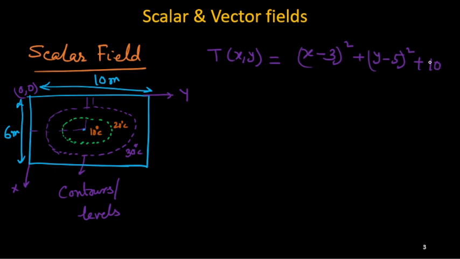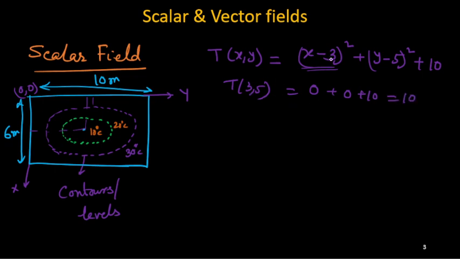If this is the function, then you can see that at 3, 5, at this point which is shown here, this will be 0 and this value is 0. If I replace x by 3, it is 0, and y replaced by 5, it's 0, and this is 10, so total is 10. So at 3, 5 it is 10.